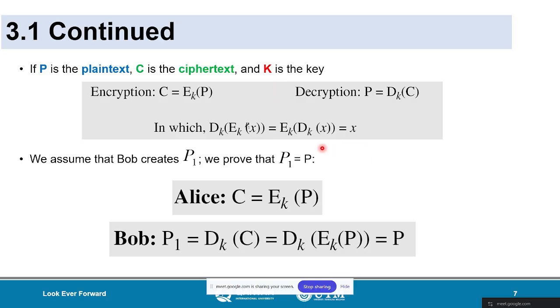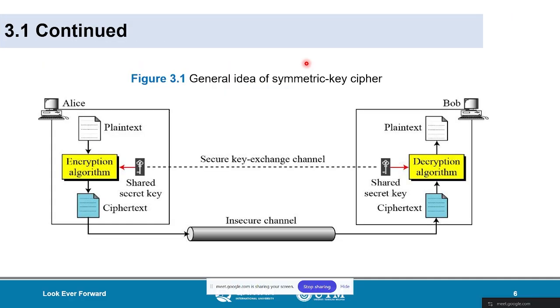You should understand the plain text, ciphertext, and the K, because from now on we will use them. If you don't know what they are, you should ask so I can explain it again. This is plaintext, this is ciphertext, and this is the key.